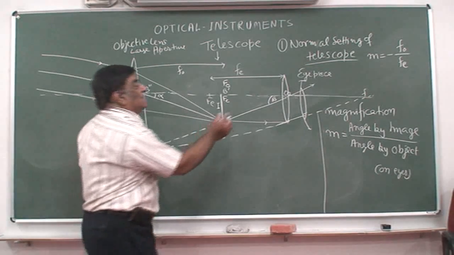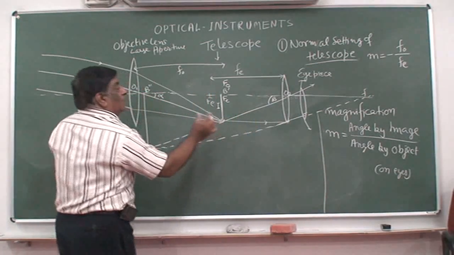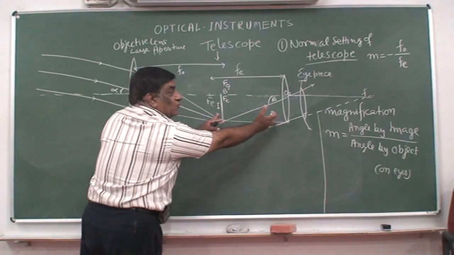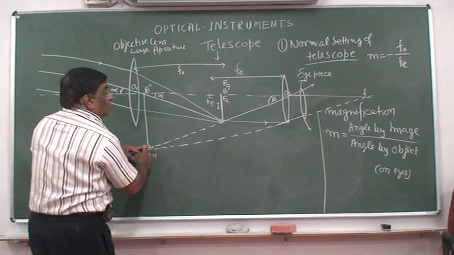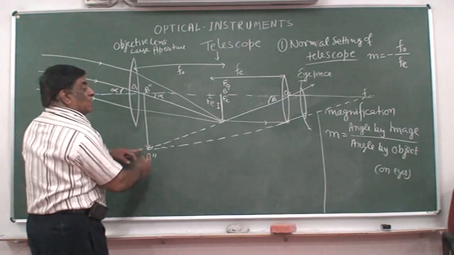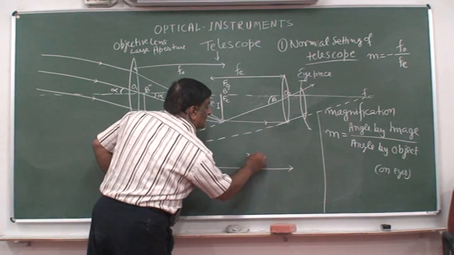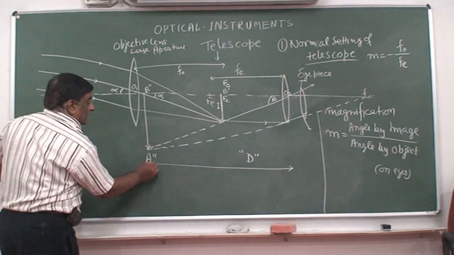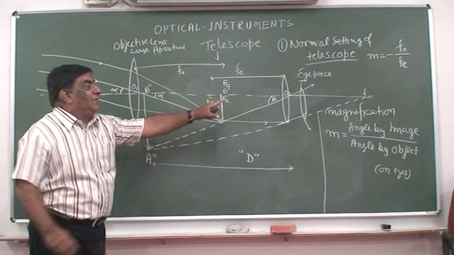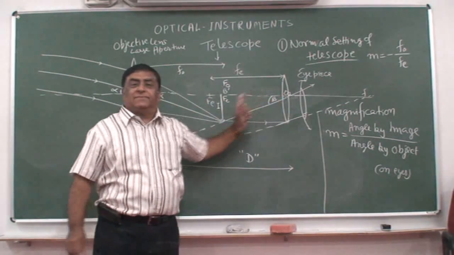Now this image, by the adjustment of this lens, we adjust this U in such a way that this V, the distance of image, becomes equal to the least distance of distinct vision D. This we can do by moving this.